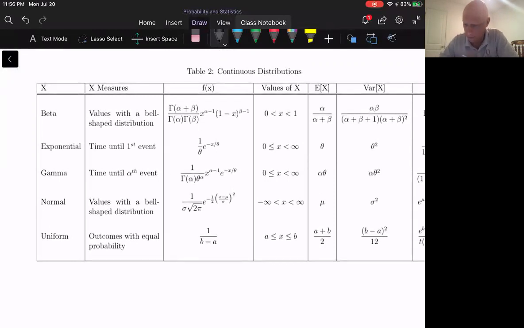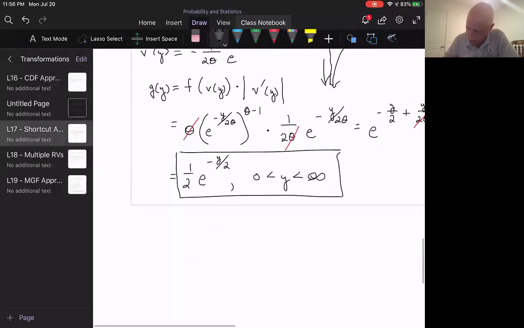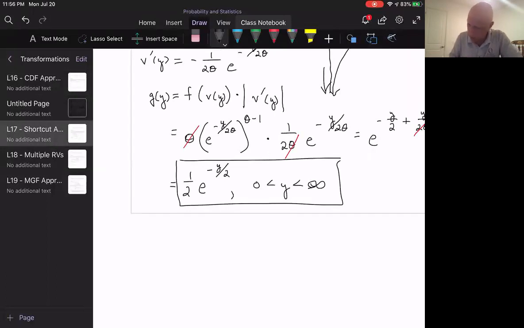2, yeah. All right, so let's go ahead and just at least say that. So now we know that y is exponential where theta equals 2. It's not really necessary to write theta in there because that's just the parameter notation, but I think it just makes it clearer.